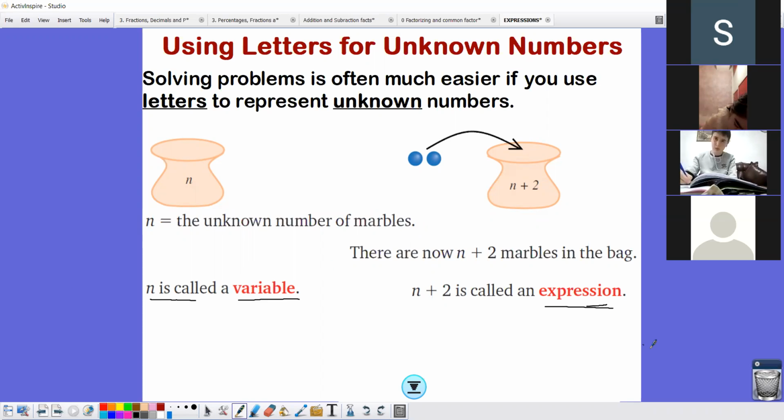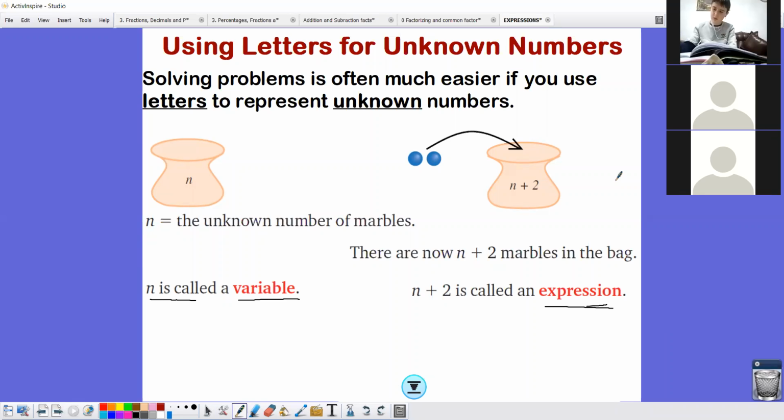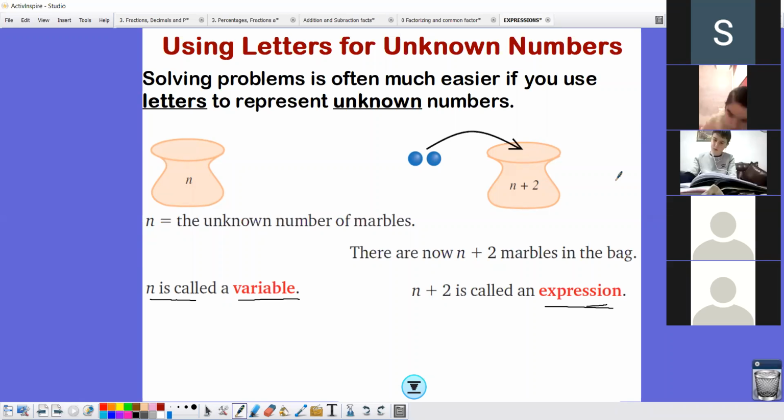Did you understand what variable means? What does expression mean? The N or X or something is called the variable, and N plus 2 is called the expression.